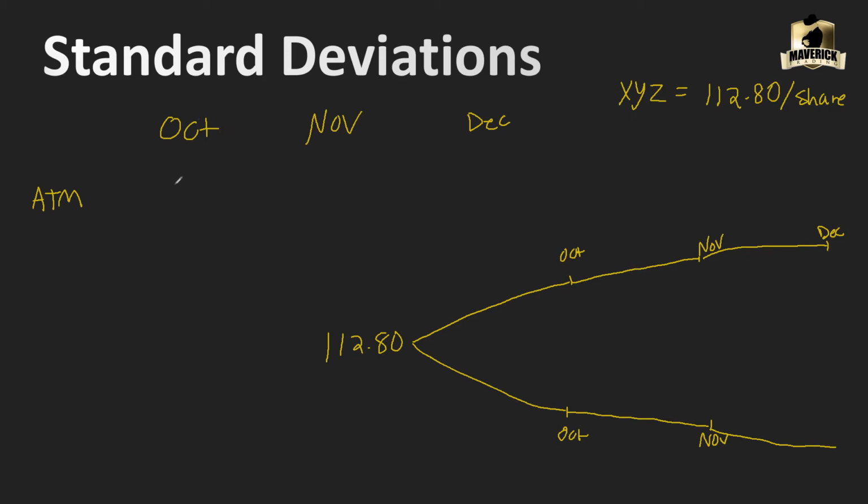So hypothetically, let's say the calls are going for 5 something, the puts are going for 5 something. Let's say the at-the-money straddle comes out to $11 roughly. So we would go find whatever strike price is closest to 112.80. Maybe they have strike prices at every dollar: 110, 111, 112, 113, 114.